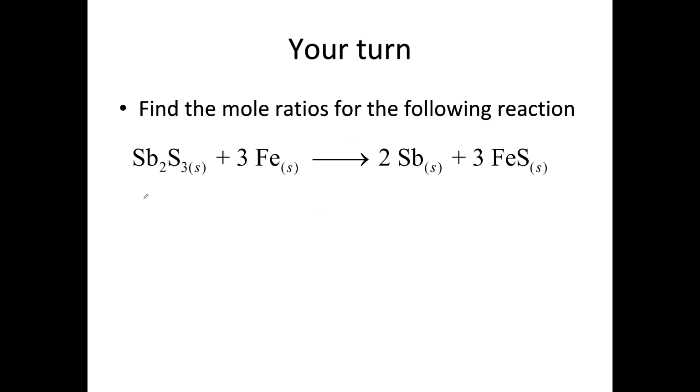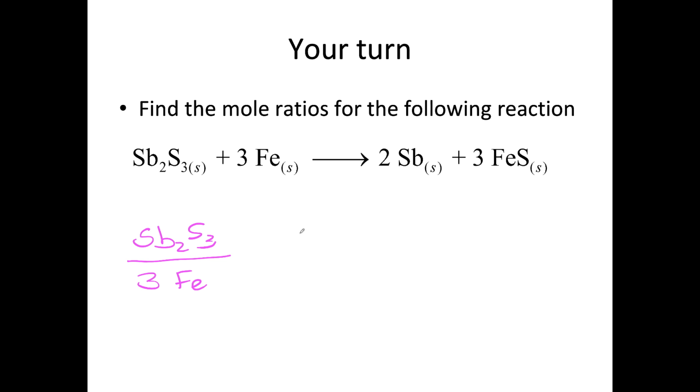So when we had class at school, I asked you guys to do this. Let's find the mole ratios for the following reactions. I have 1 Sb2S3, and the relationship with iron is 1 to 3. So I have 3 Fe on the bottom.